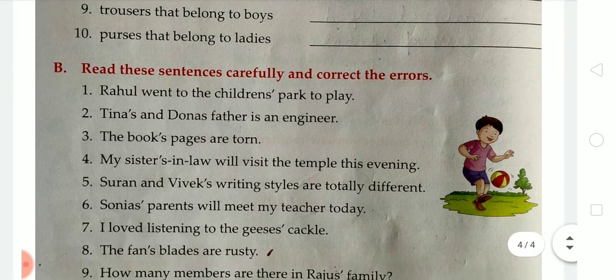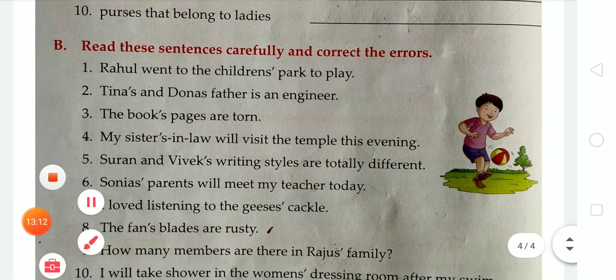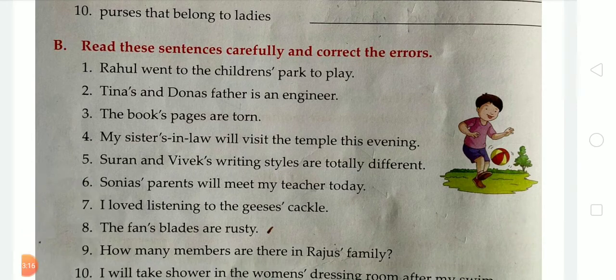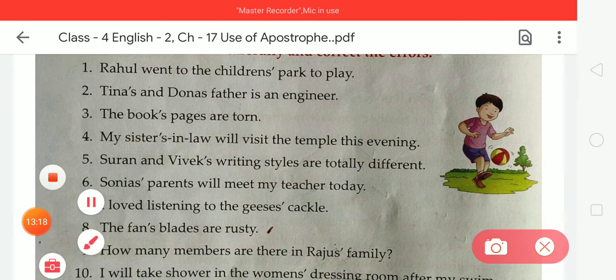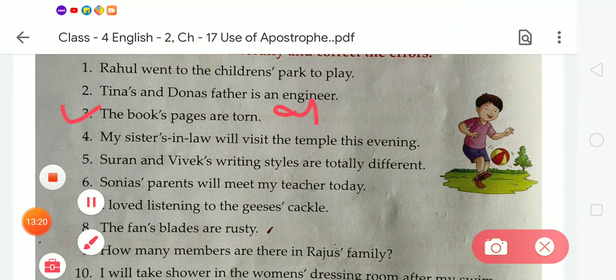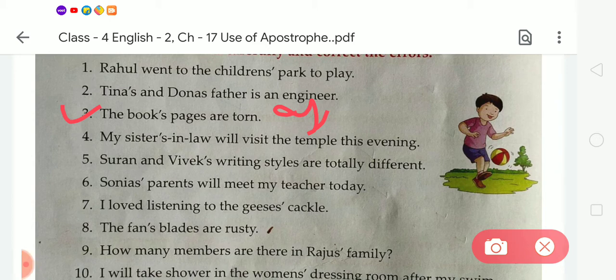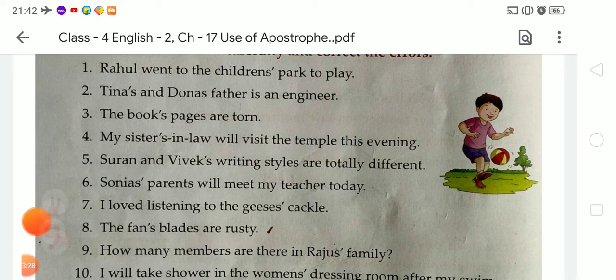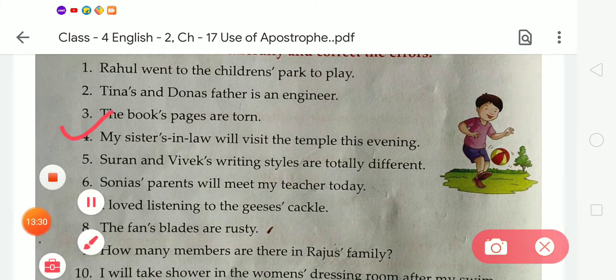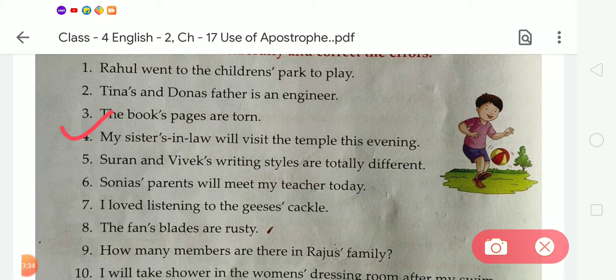Next, number 3, the books' pages are turned. Okay, so we have to write the books, it is correct, the books' pages are turned. Okay, so next, number 4, my sister-in-law will visit the temple this evening, so here we have to write sister-in-law's.